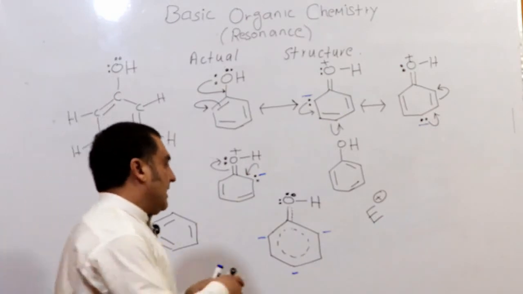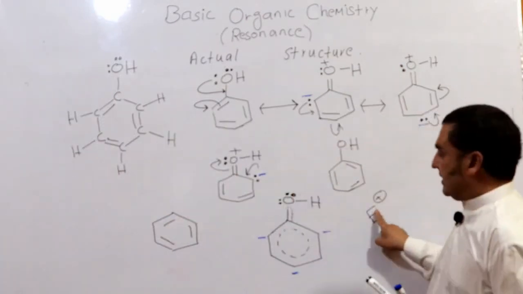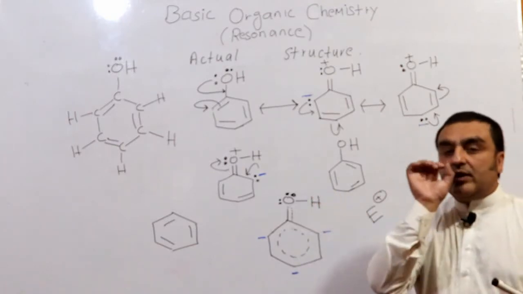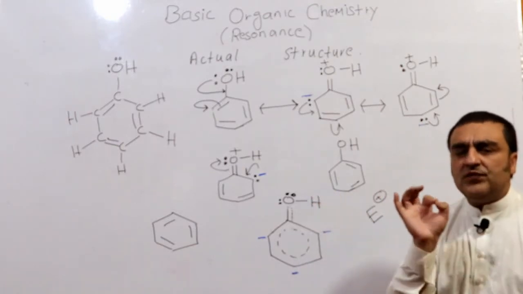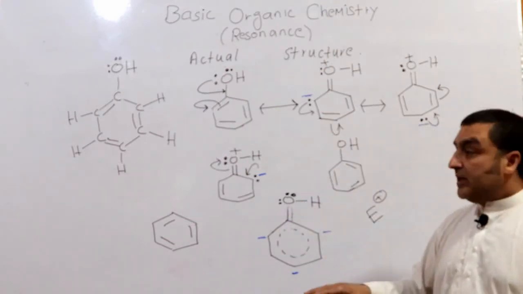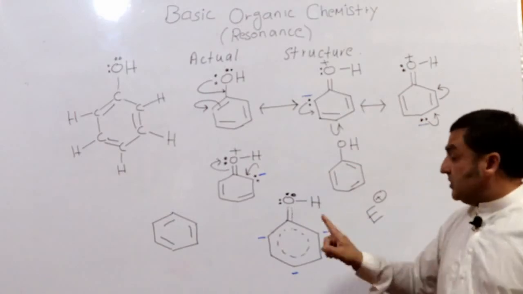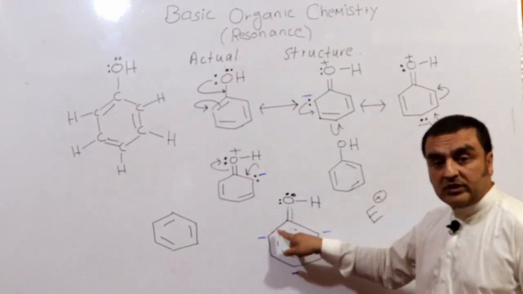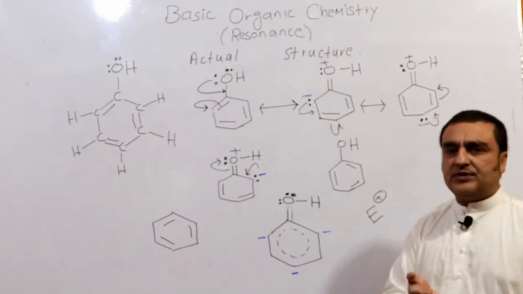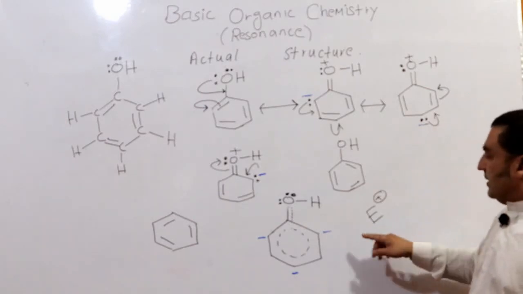So what happened? Now the oxygen will not attack, because as I mentioned earlier, a very small depletion of the electron cloud from the oxygen will make it a very poor base, and a little bit of increase of the electron cloud on the carbon will make it a strong base, or you can say a nucleophile.